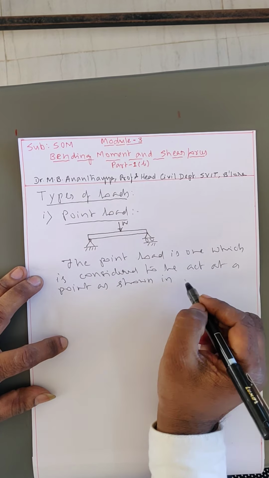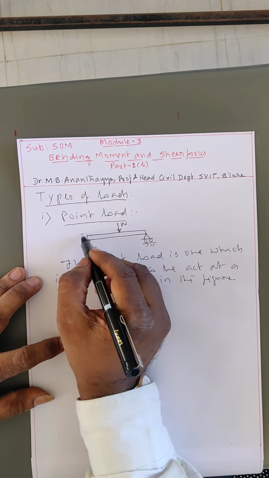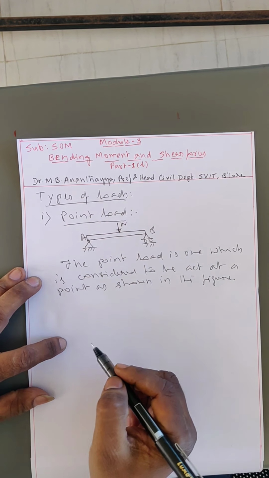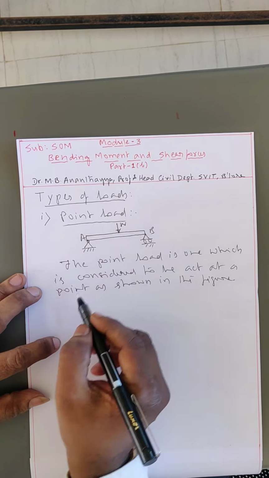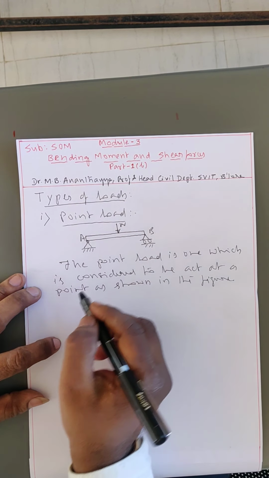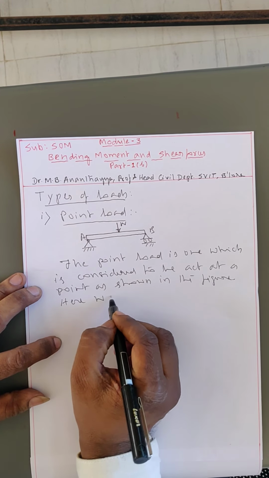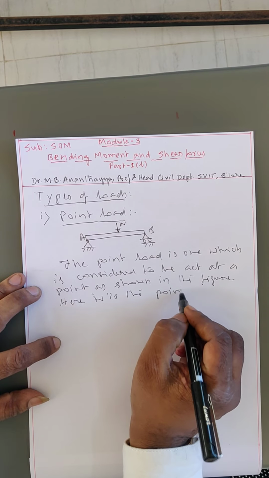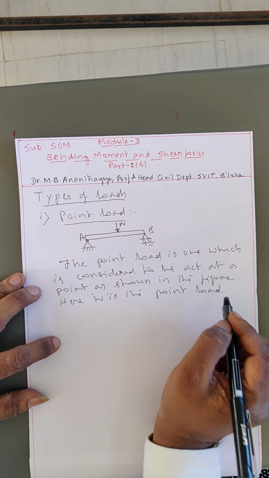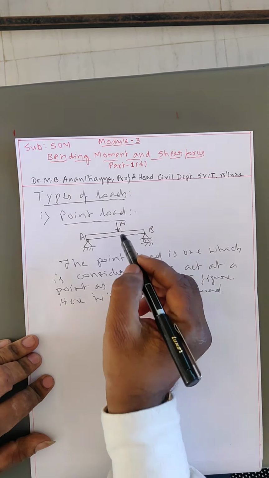This point we will call B. Now here this W is called point load. It is having an arrowhead or a knife edge.